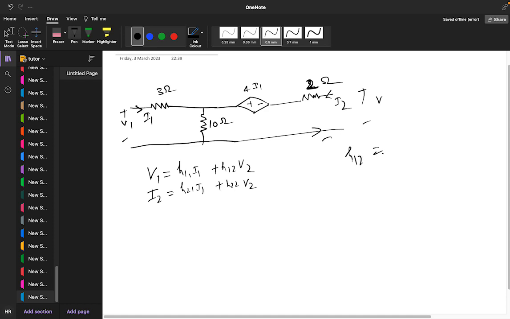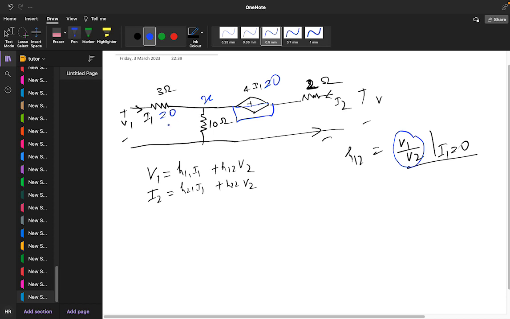H12 is V1 upon V2 while making I1 equal to 0. Am I correct? V1 upon V2 while making I1 equal to 0, you will get the value of H12. So apply the things. Your I1 is equal to 0. If it is 0, that means this is a short circuit. It's simply a wire. Okay, and for that you need to get the ratio between this and this. Same concept applies.